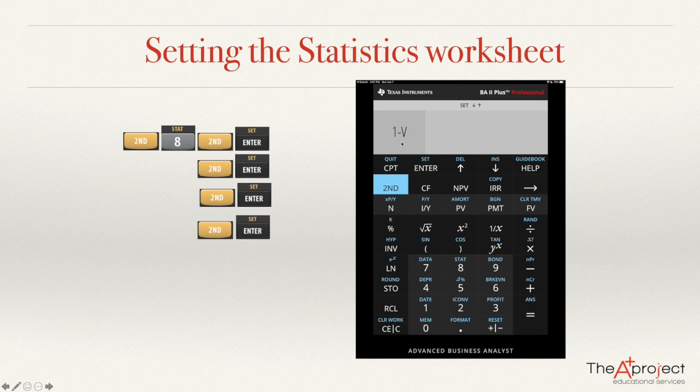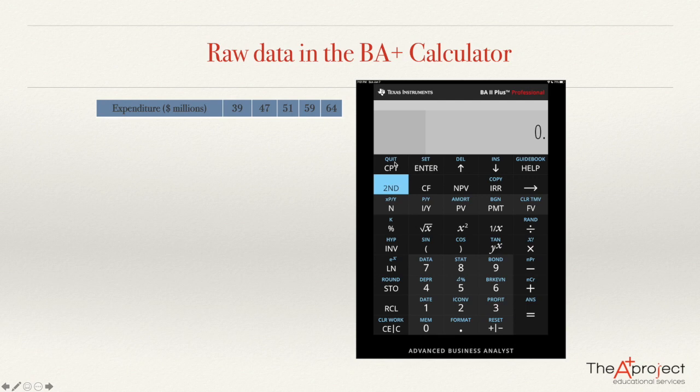Once you are happy with the mode that you are looking for, and in this first course we are going to be using this mode, 1V, then you can press second quit, and your calculator will be ready for working any type of problems. You don't need to do this again, just once. You will need to change this mode only if you are in a different course, when you are working different types of problems.